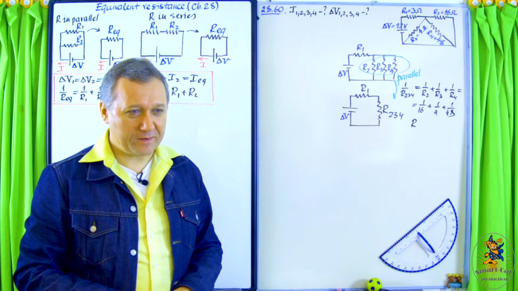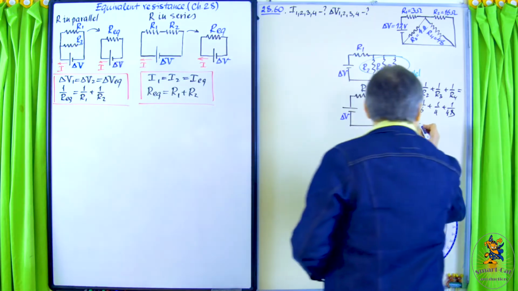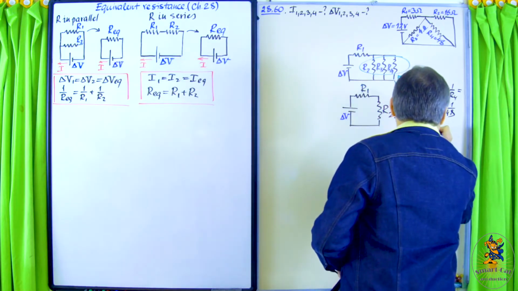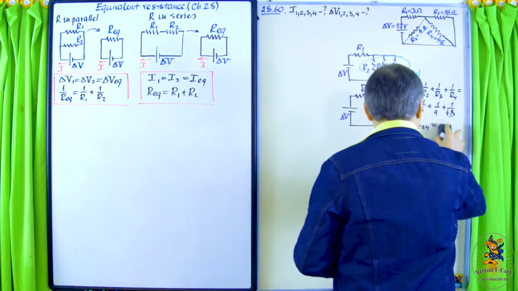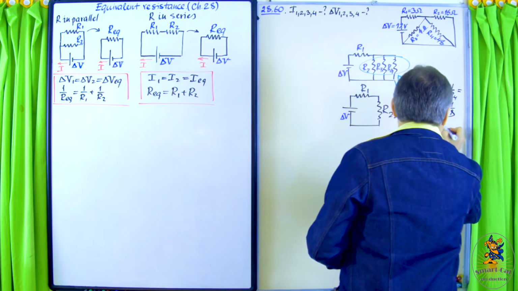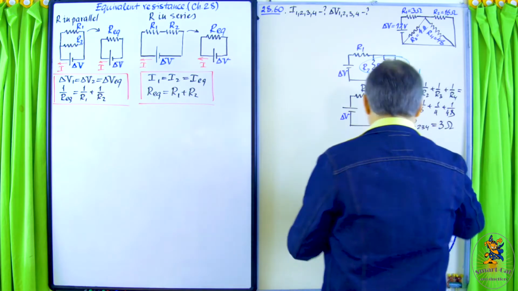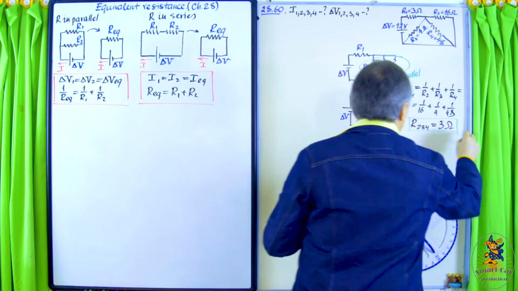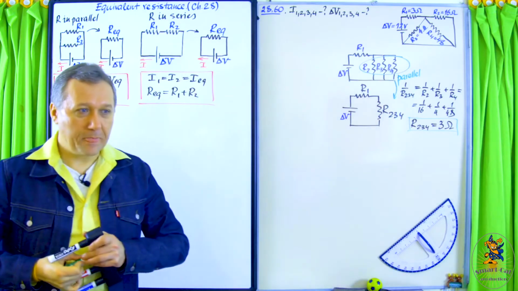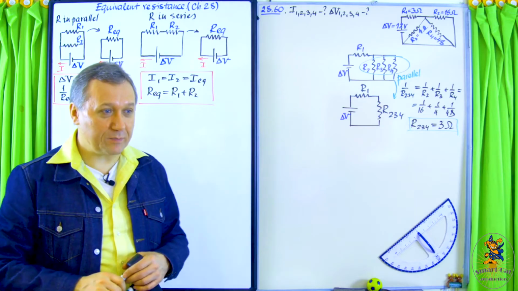All right, so R234 will be 3 ohms. Right, 3 ohms. Okay, let me frame it slightly because at some point I will need it. So that's the first step in simplification.